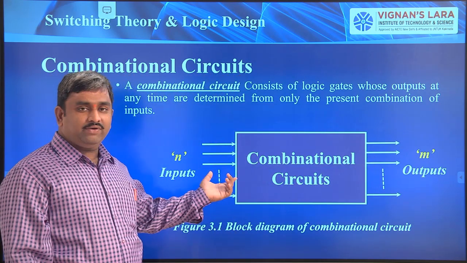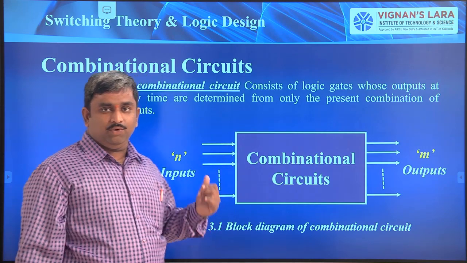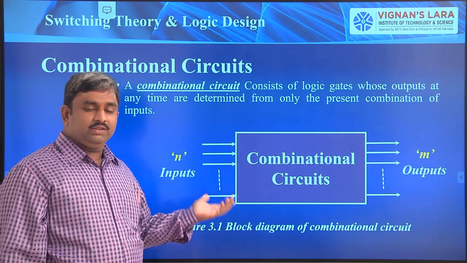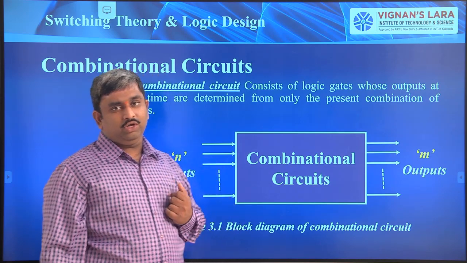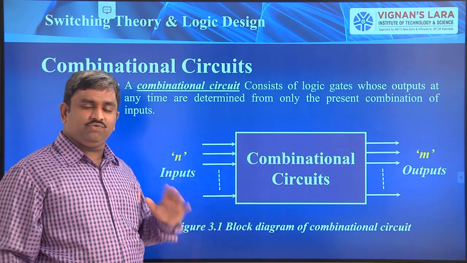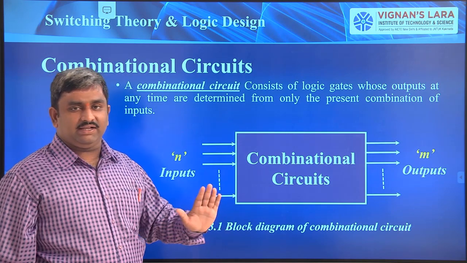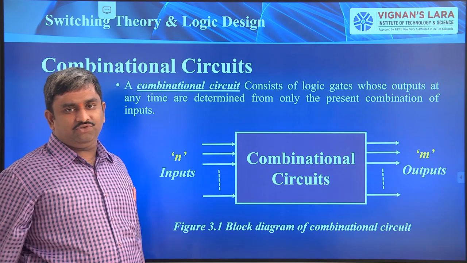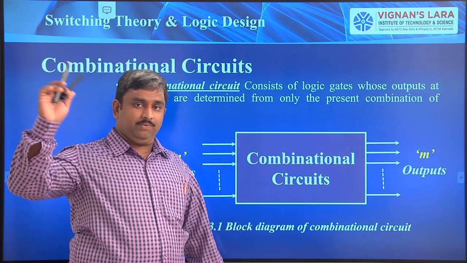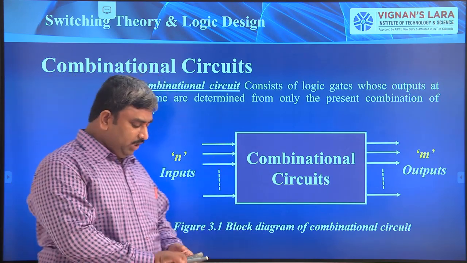We have some relation between n and m, which we will see in each and every specific combinational circuit. This is not a common relation for all combinational circuits. For adders, n is this many and m is this many. These are fixed values for n and m for the different types of combinational circuit.